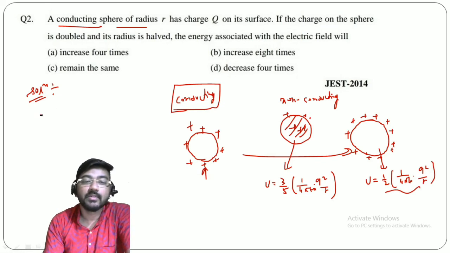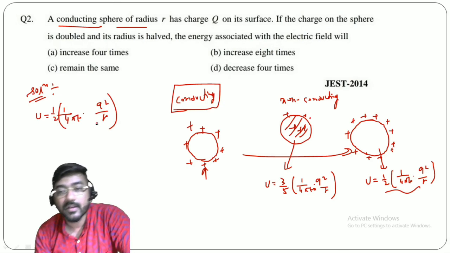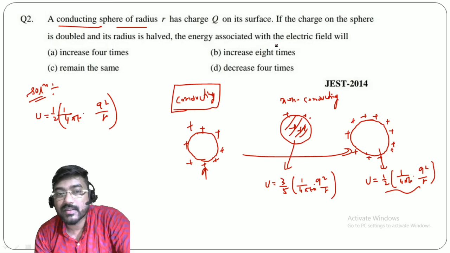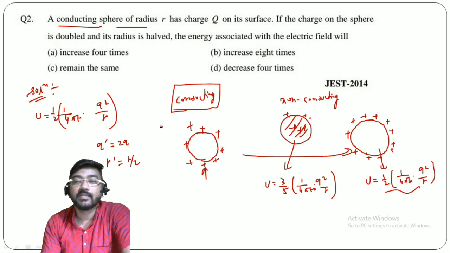So let me take U as half into 1 upon 4 pi epsilon naught into q square by r. Now they ask, if the charge on the sphere is doubled, so let q dash equal 2q, and its radius is halved, that means r dash equals r by 2. Then what will be the new energy associated?